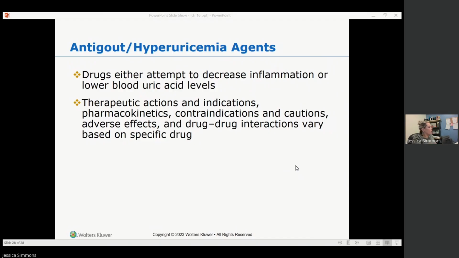Rhabdomyolysis is also possible, especially with long-term use. So that is the third medication that we are adding to the rhabdomyolysis discussion. Metformin, statins, colchicine are all linked to rhabdomyolysis.